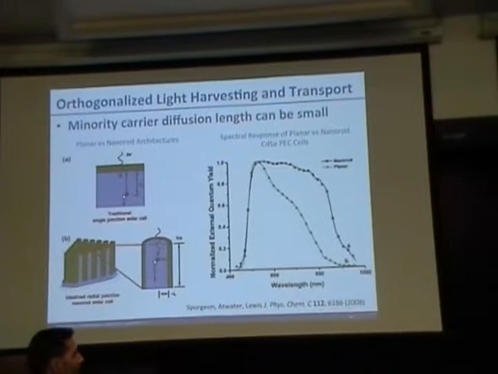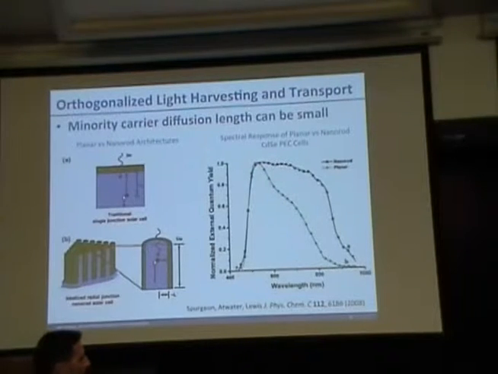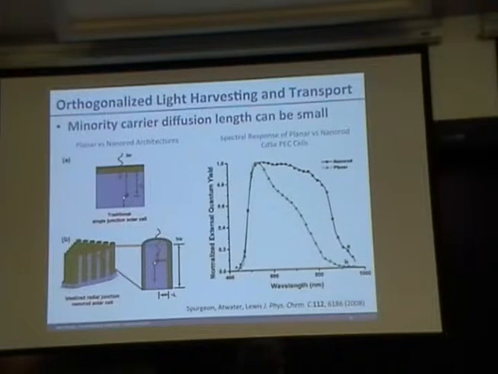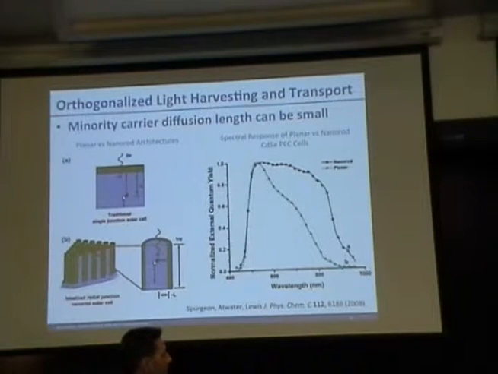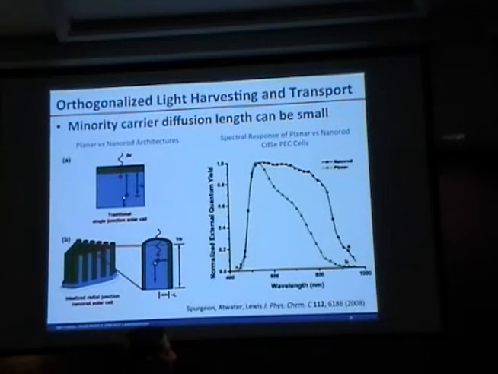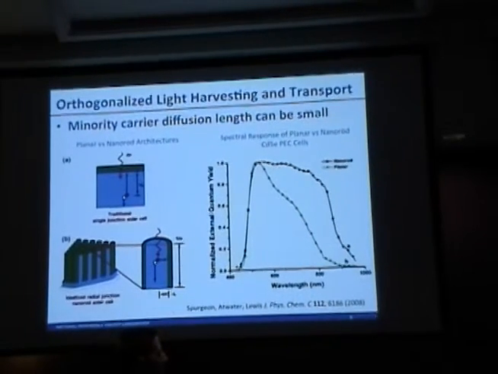Orthogonalized light harvesting and transport. So in typical semiconductors, and I apologize, this appears fairly dark from where I'm standing, but you'll have a PN junction film with the junction at the green-blue interface here. The light comes in and generates an electron-hole pair, and then the minority carrier needs to diffuse with this diffusion length L all the way to the junction, and then the majority carrier goes down and is collected at a back contact.